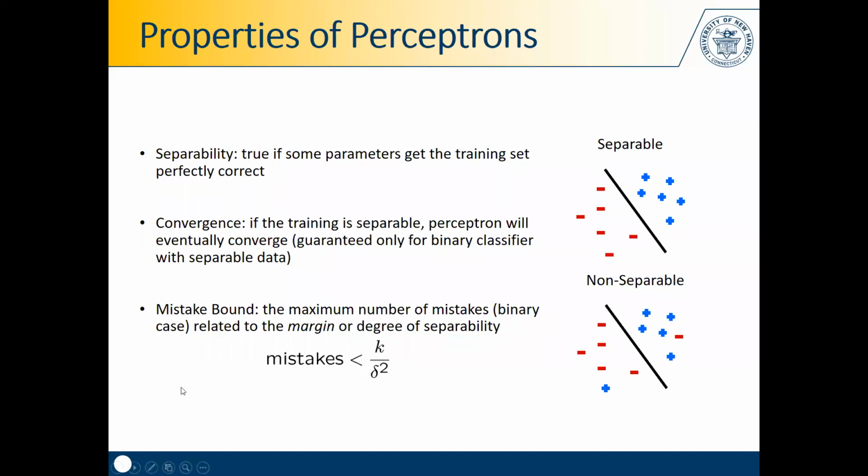Why does this matter? Why would we want to consider this? Why did we spend so many minutes on interpreting and discussing this formula? It's telling us that the number of mistakes that a binary perceptron can make is not infinite, it's bounded.